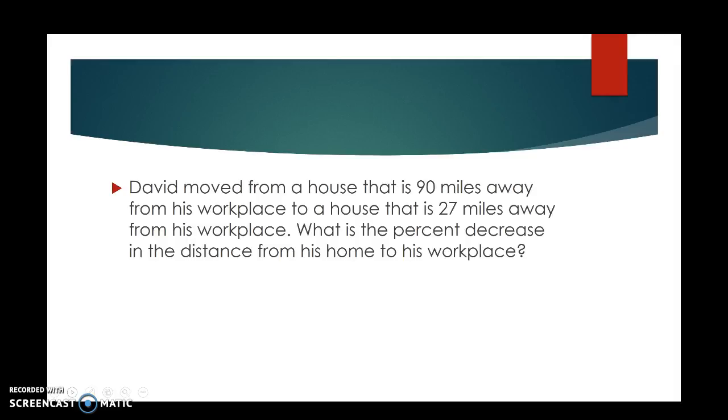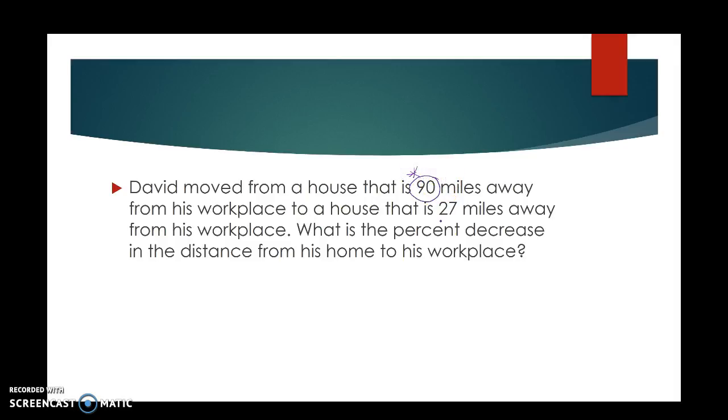and you guys are going to solve them on your own. So David moved from a house that was 90 miles away from his workplace to a house that's 27 miles away from his workplace. What is the percent decrease in the distance from his home to his workplace? So let's see. He moved from a house that is 90 miles away. So this is the starting house.